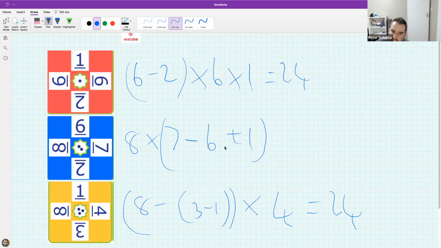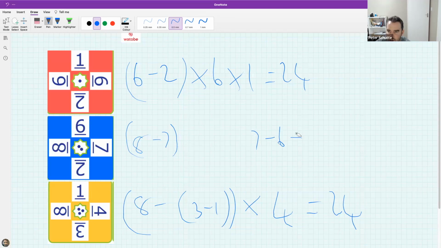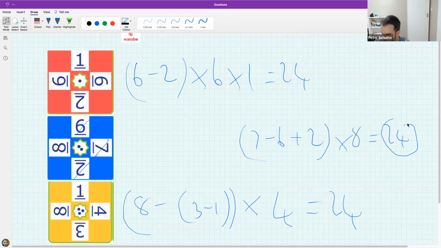The blue one's tough. 8 minus 7 would give me 1. 1 times, I'm thinking 1 plus 2 is 3. 3 times 6 is 18. No, not quite. 7 minus 6 plus, there we go. 7 minus 6 is 1. 1 plus 2 is 3. So let's just check. 7 minus 6 is 1, plus 2 is 3, and then 3 times 8 gives us 24.